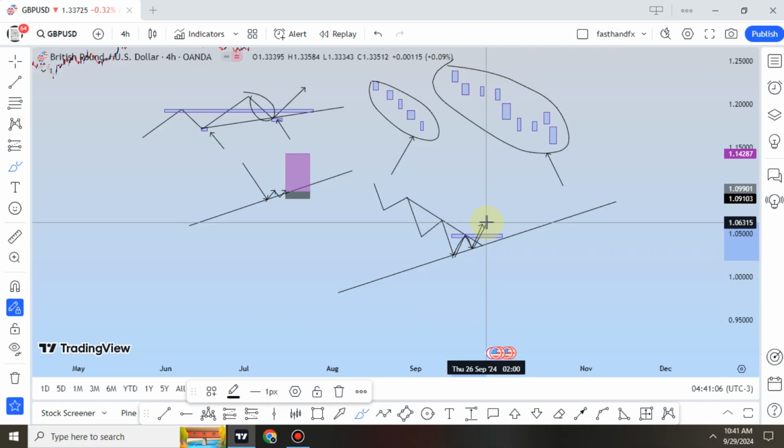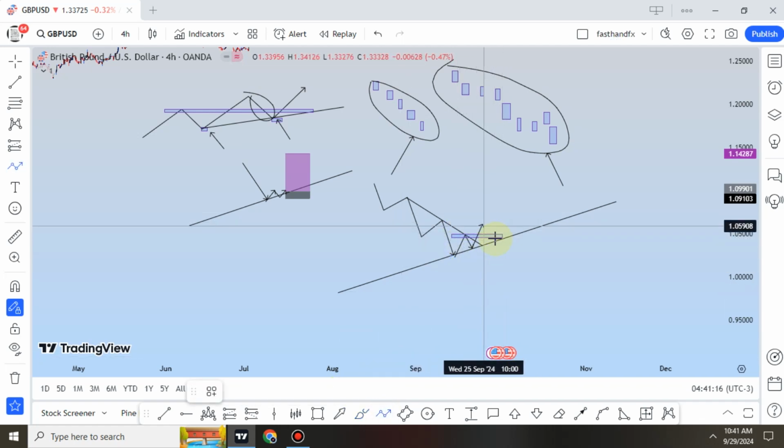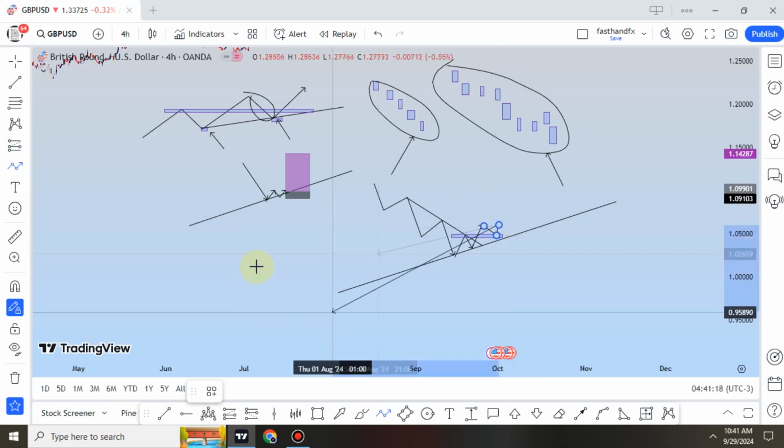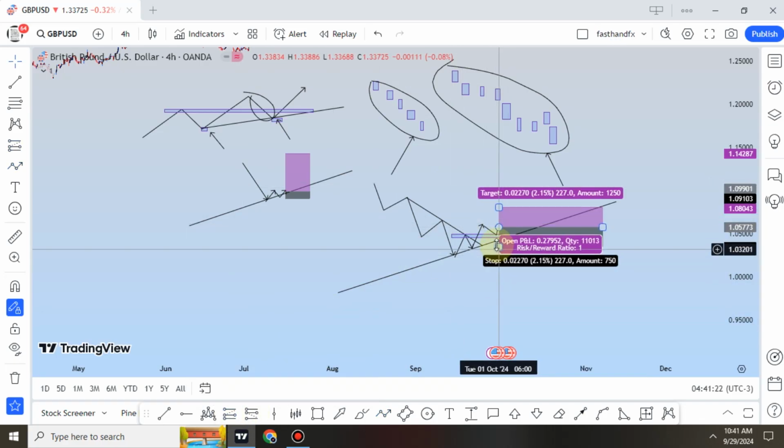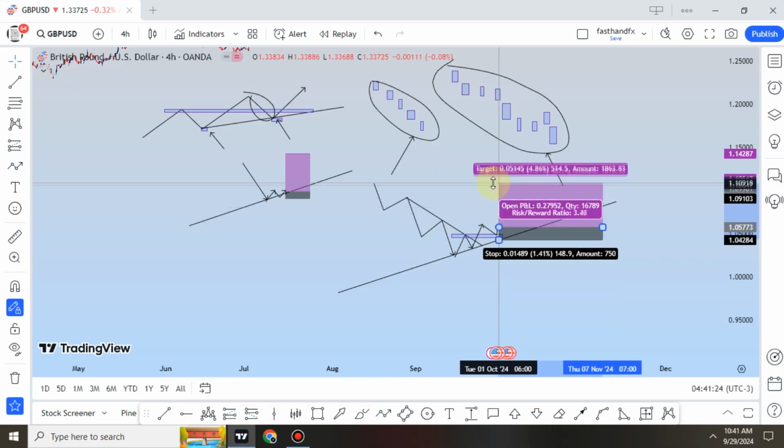So all you need to wait for is just a retest of this previous high that was taken out, turned to a support, and look for your bullish properties right here and go in for your buys once you see that is confirmed, something like this. I hope that makes sense.